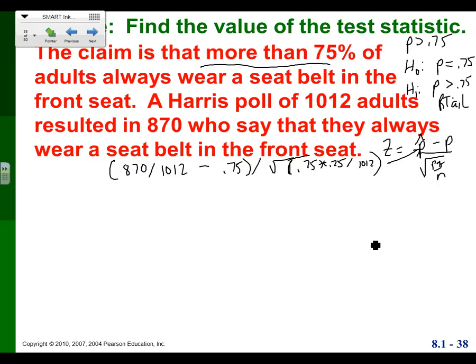Hey, at least we know where our numbers are coming from. That's a huge improvement. It's not that difficult to type in once you do it once. Did you get it? 8.06? That's pretty high. That's like a rapid z-score. It is.